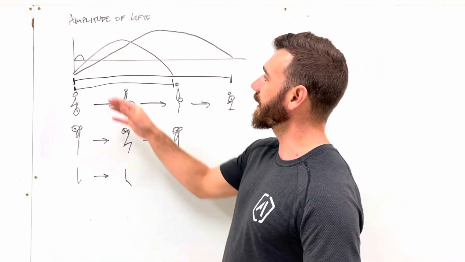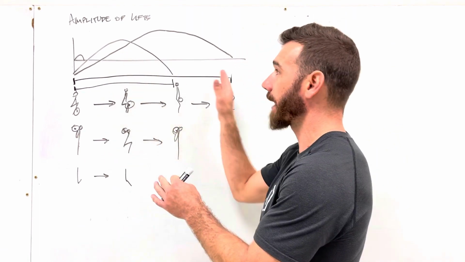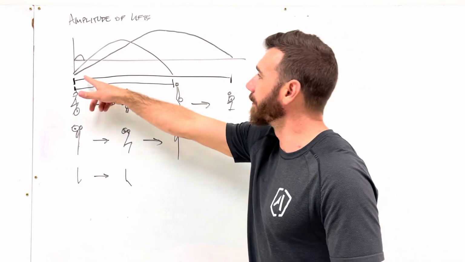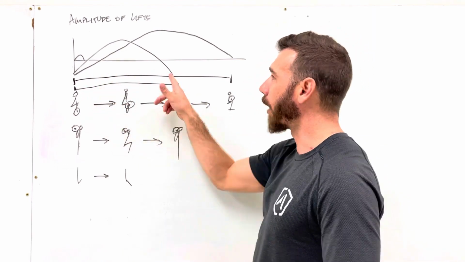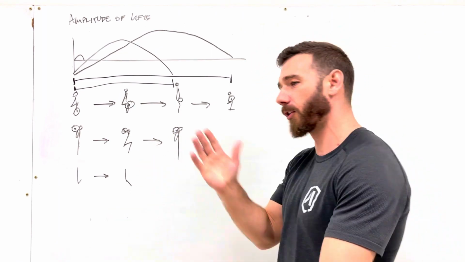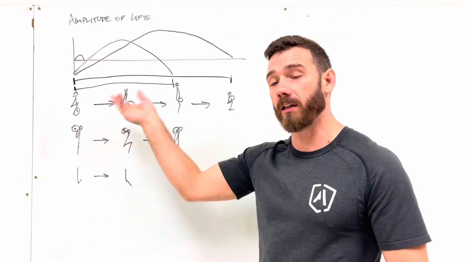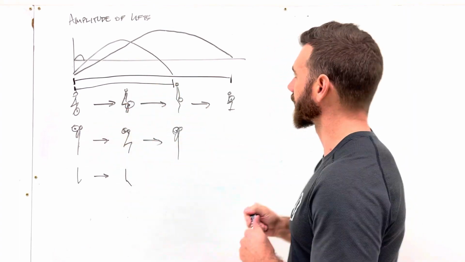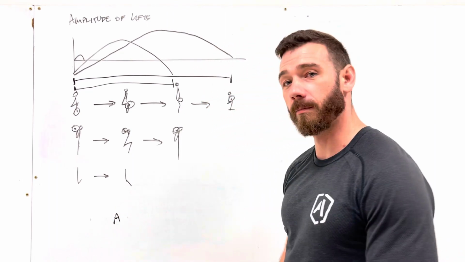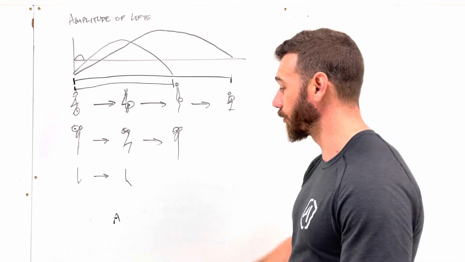Now, the amplitude here isn't meant to be proportionate, where, okay, does that mean that a squat is worth 2/3 of a clean, and therefore I can reduce my clean volume by 1/3? No, not really. What we're trying to show here is that amplitude is going to be somewhat inversely proportionate to volume.